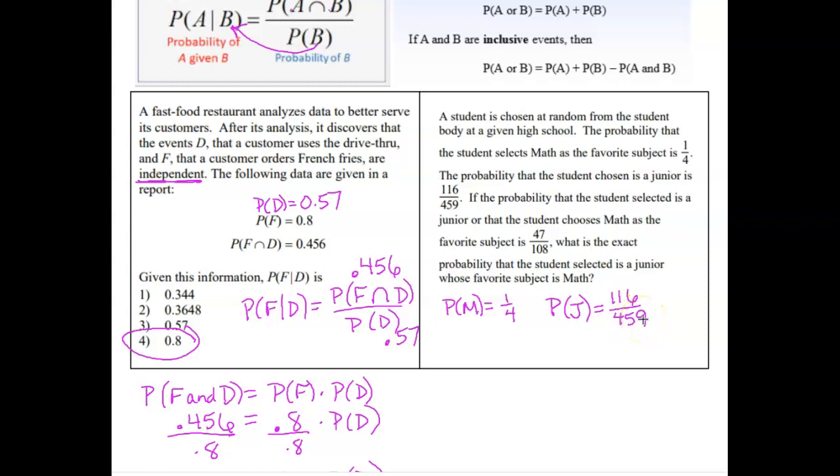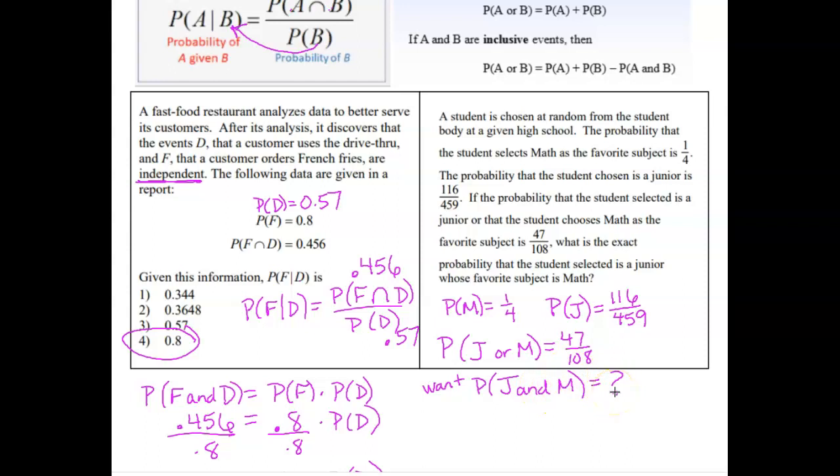If the probability that the student selected is a junior or they choose math, so probability of junior or math, is this. Then what is the probability that the student selected is a junior whose favorite subject is math? So what we want is the probability of junior and math.